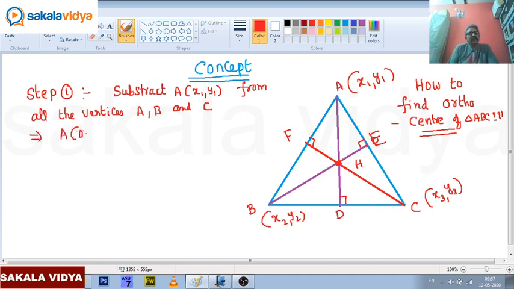A becomes the origin 0, 0. B becomes capital X1, capital Y1. C becomes capital X2, capital Y2.